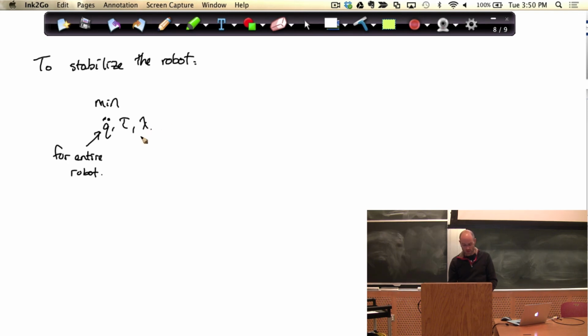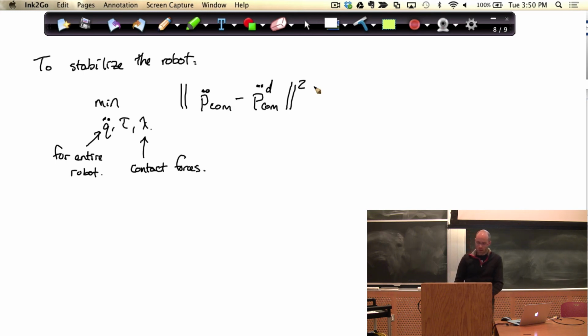And contact forces even. The difference between my desired center of mass, I'll call it P, just so I want to keep it distinct from that, torques.